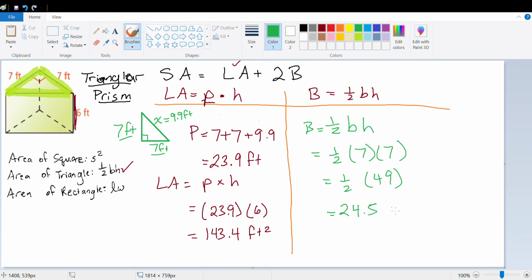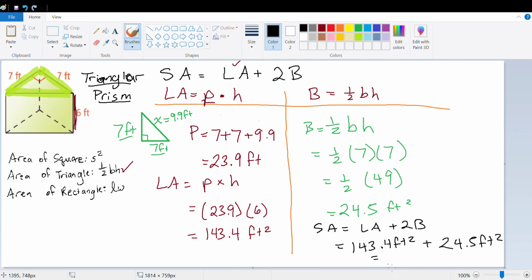Okay, so now I have my base and I have my lateral area, and I can go ahead and put it into my surface area formula. So I'm going to write the surface area formula, LA plus 2B. Like I said, I like to write down these formulas so I can commit them to memory. 143.4 feet squared plus 2 times 24.5 feet squared.